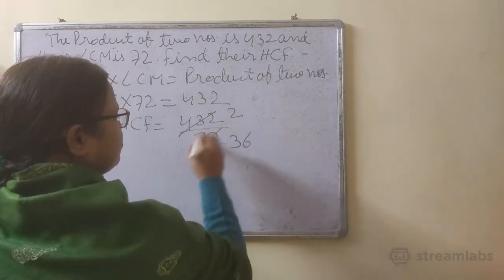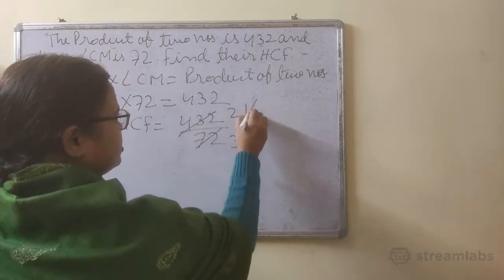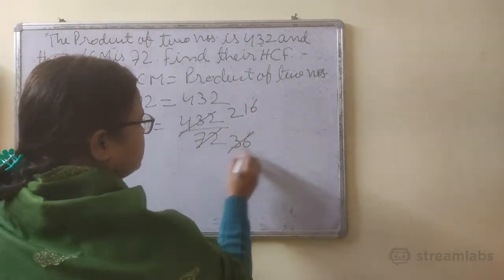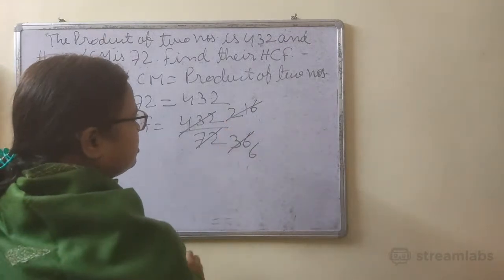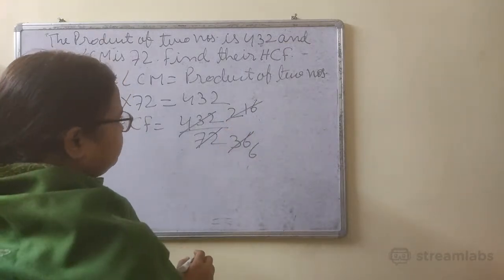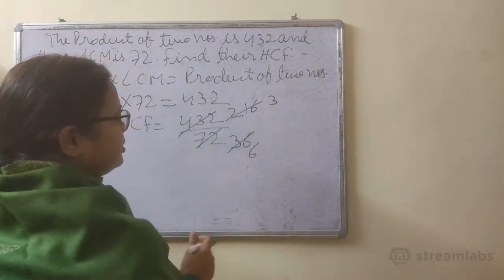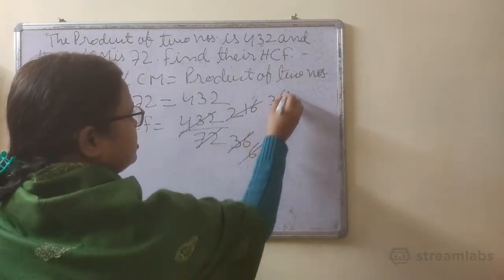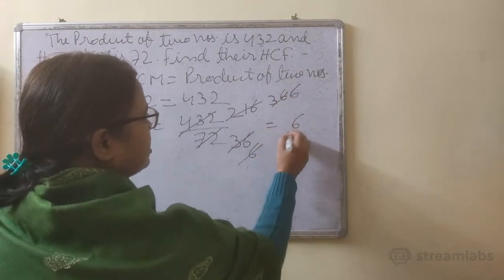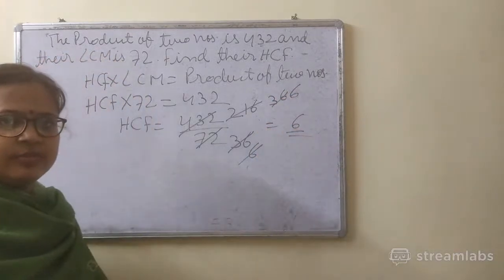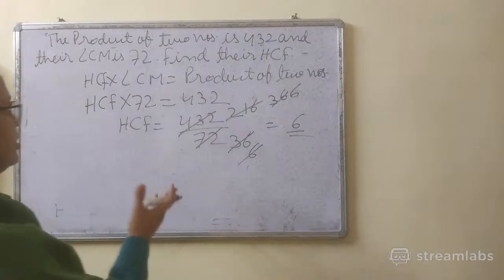Then 2 2s are 4, 2 1s are 2, 2 6s are 12, then 6 6s are 36. Clear? Then 6 3s are 18, 19, 20, 21, 6 6s are 36. So your answer will be what? 6. Okay, I think it is clear.